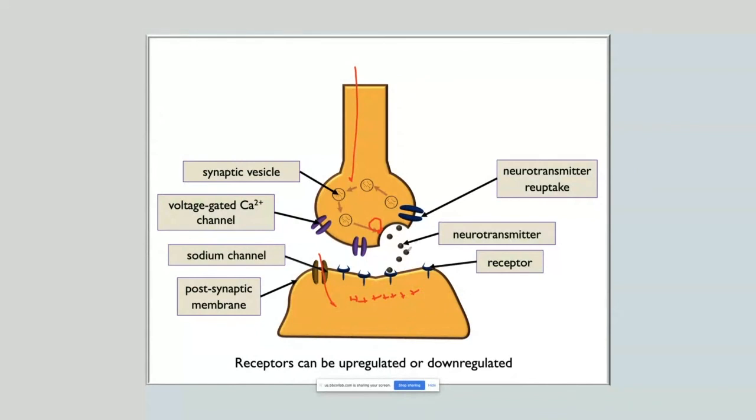And some of these neurotransmitters are going to be degraded and taken back into the presynaptic button by a process known as reuptake. Notice that here, imagine that this is choline. Choline is going to be transformed into acetylcholine again, so we can reuse the acetylcholine.